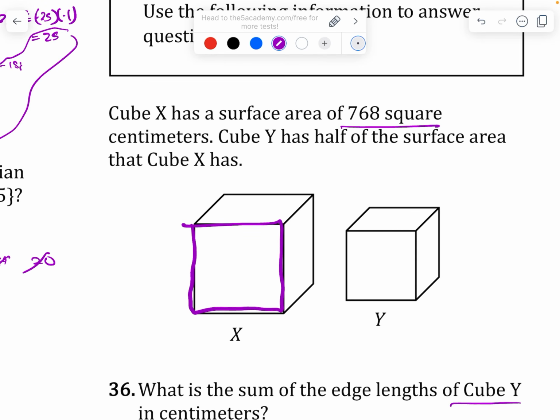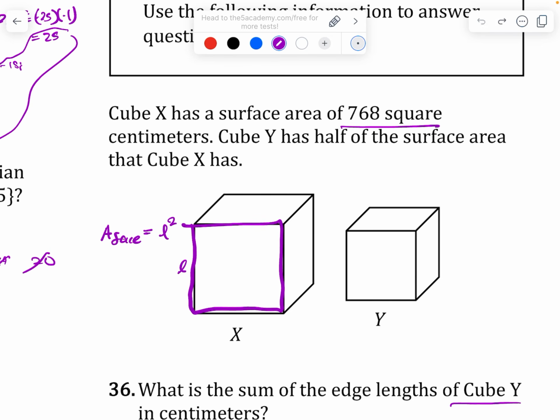So the area of a face is just going to be equal to, if I call this length L, L squared, right? Now, a cube has how many faces? Well, if you draw out the part you can't see, you'll see that there are 3 faces you can see, right? 1, 2, 3.